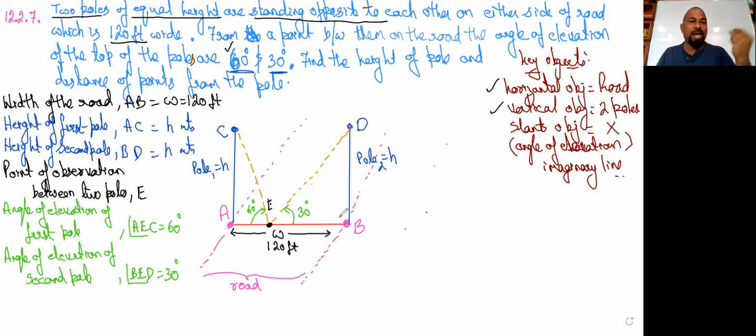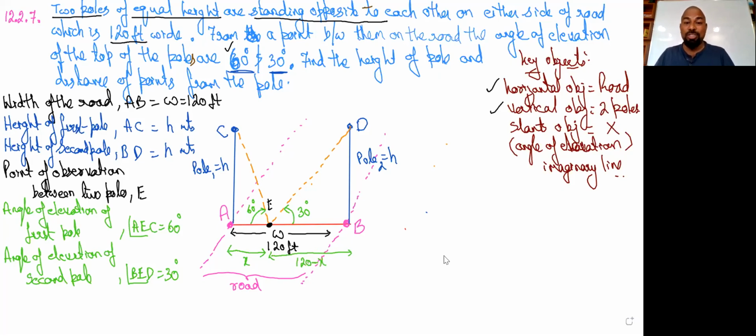To connect that, I like to go in a tricky manner. I like to take the distance from A to E as x meters. I like to assume that. Then obviously the distance from E to B will become 120 minus x. Why?